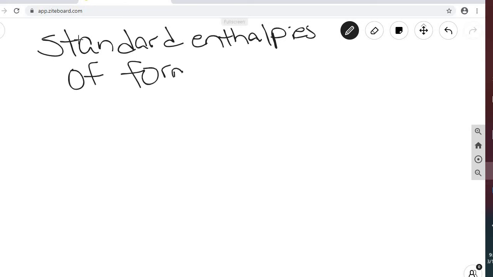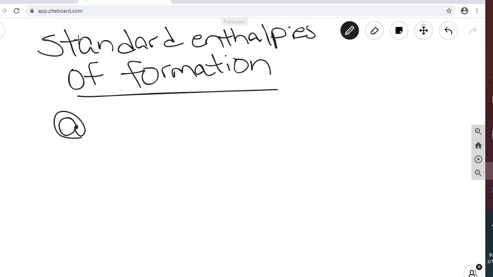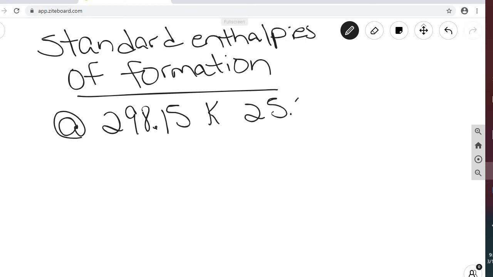Before we look at that table, a couple things to keep in mind. One is that these standard enthalpies of formation tables were developed at 298.15 degrees K, which is 25 degrees C, which is basically room temperature.